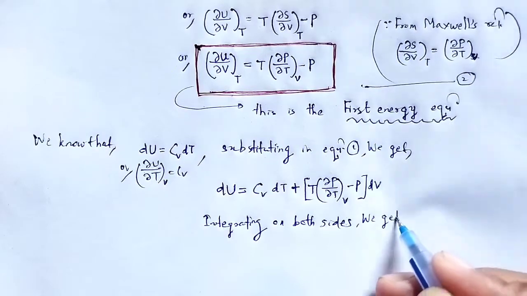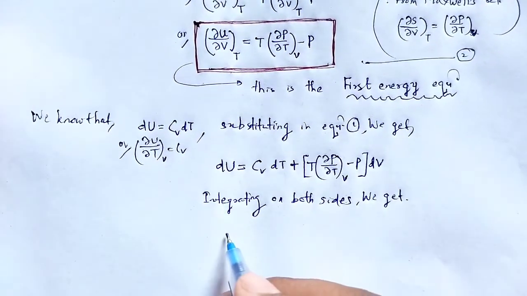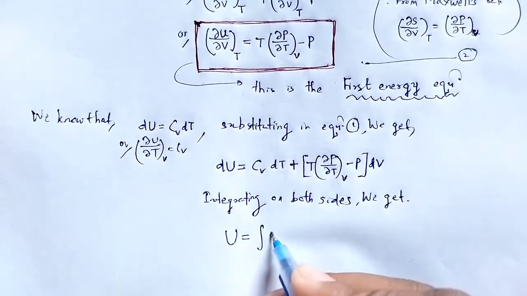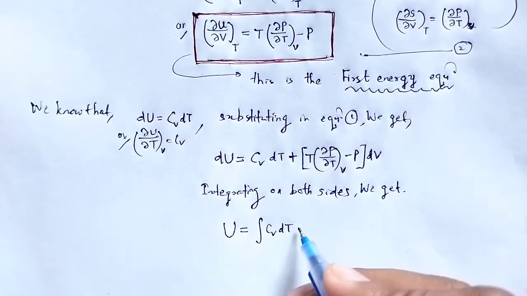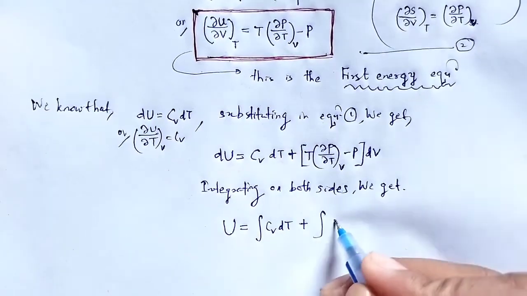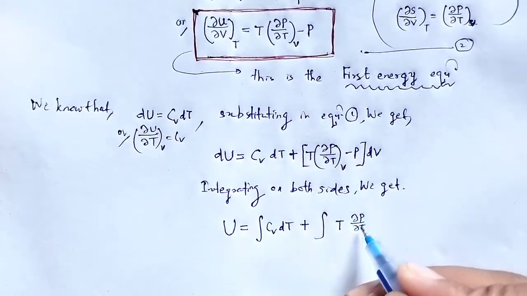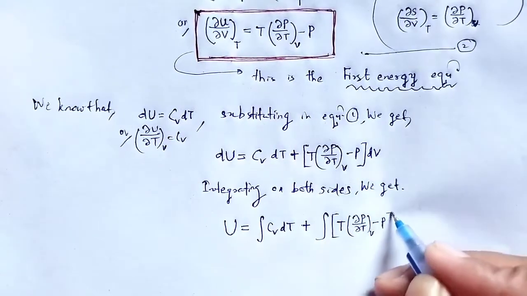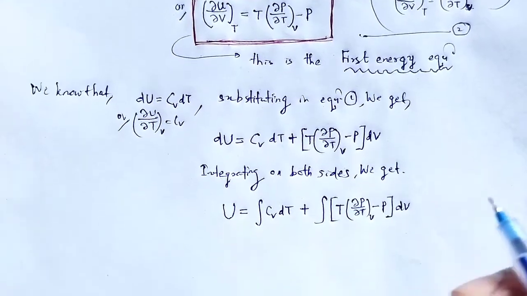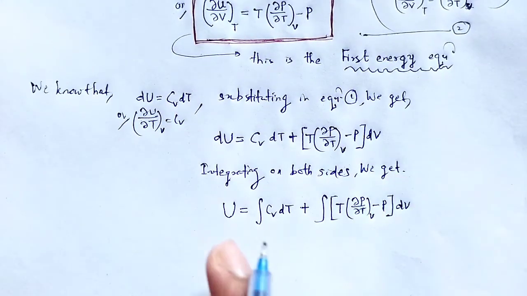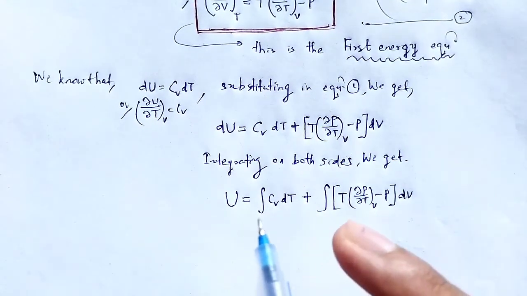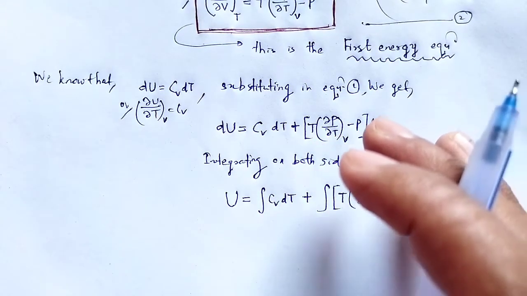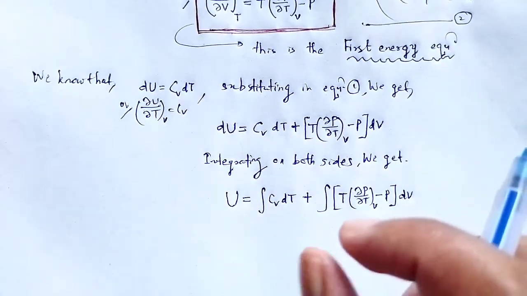We get U is equal to the integral of Cv dT plus the integral of [T (∂P/∂T) at constant volume minus P] dV. This is the internal energy change associated with a given change of state for a particular substance.